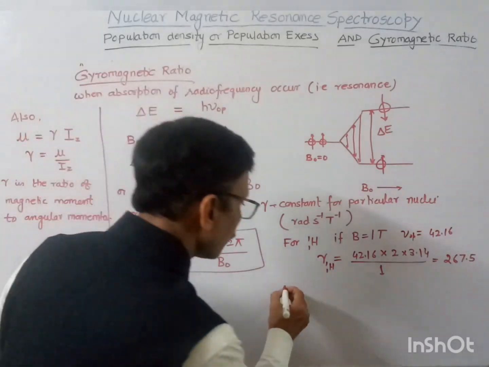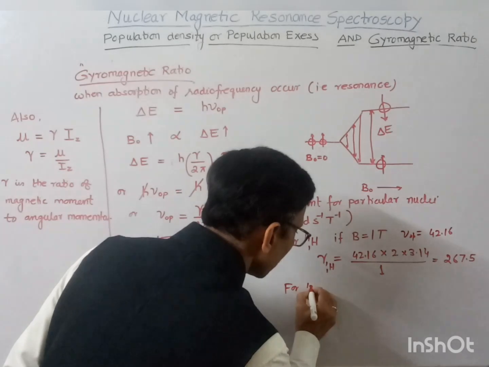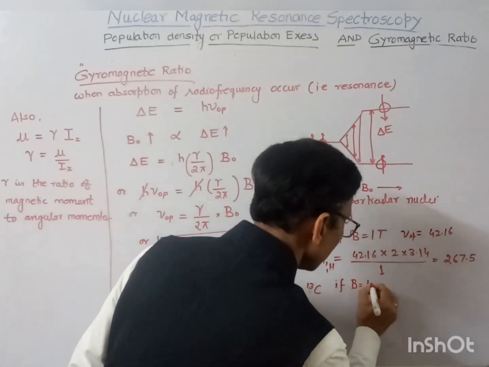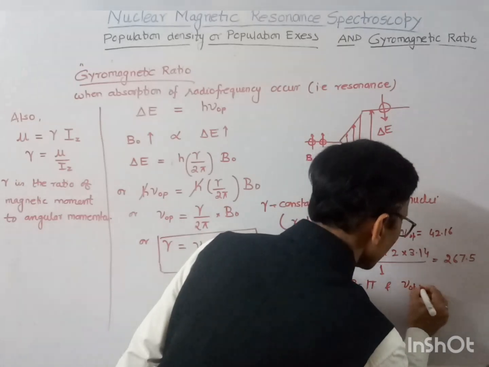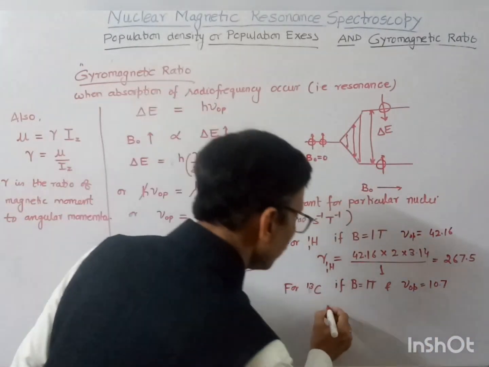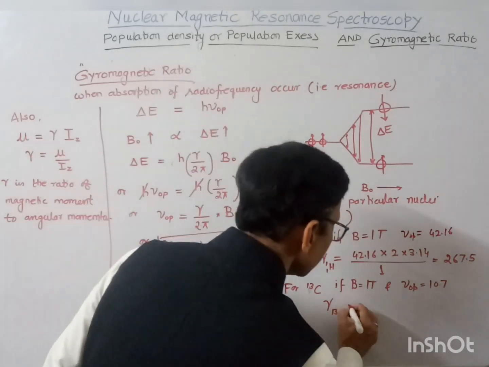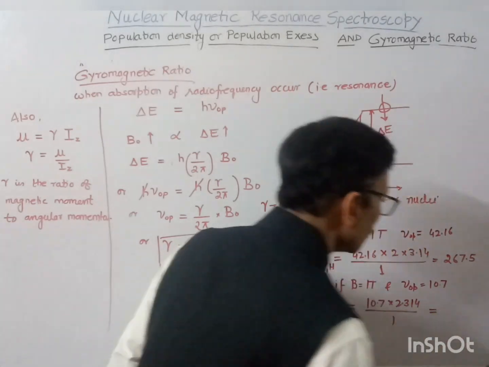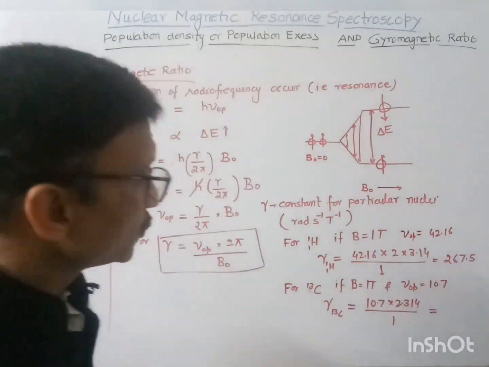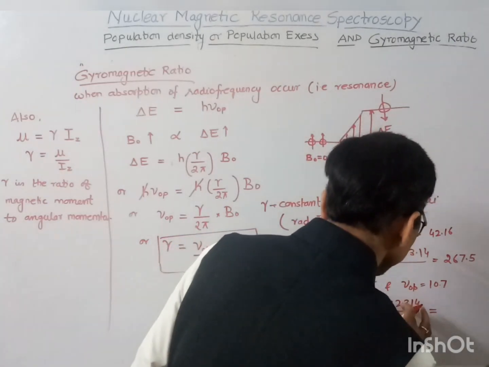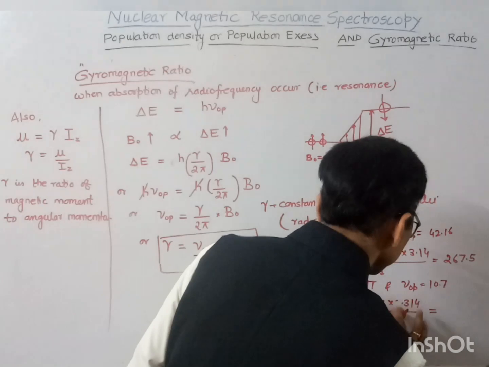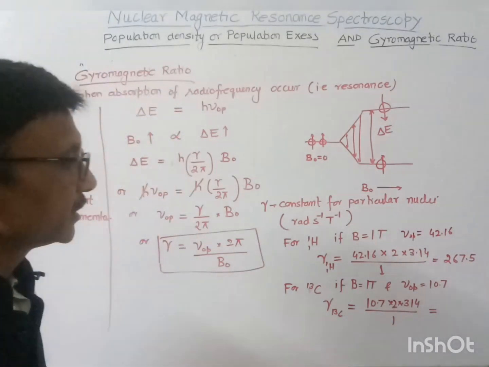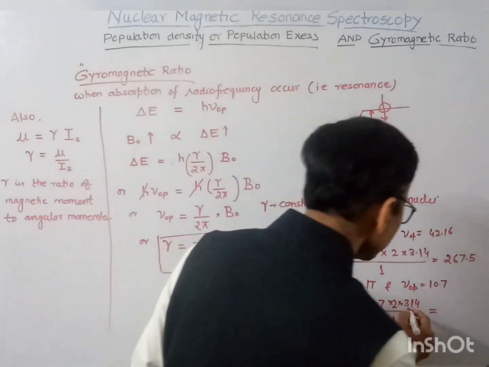Whereas for C13 nuclei, if B is equal to 1 Tesla and the operating frequency is 10.7, then gamma for carbon 13 comes out to be 10.7 multiplied by 2 multiplied by 3.14 divided by 1.